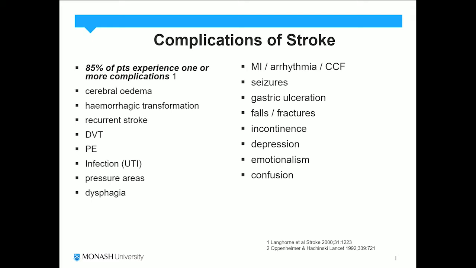And then they could have pressure sores, dysphagia, or struggle with swallowing, and then problems around the heart as well, such as arrhythmia, cardiac failure. They could have seizures, gastric ulcerations, falls or fractures, and then also incontinence. And sometimes patients can become quite depressed and suffer from emotionalism or confusion. So a stroke can be really debilitating for a patient.